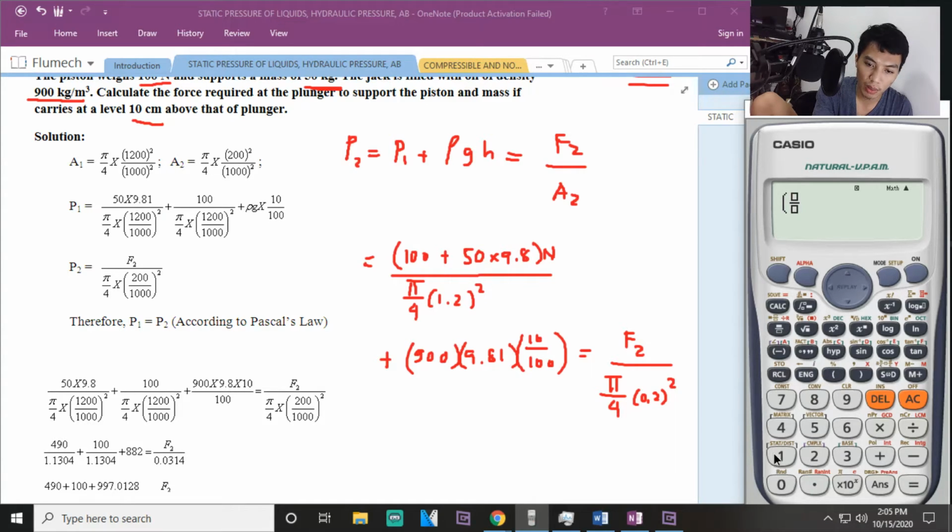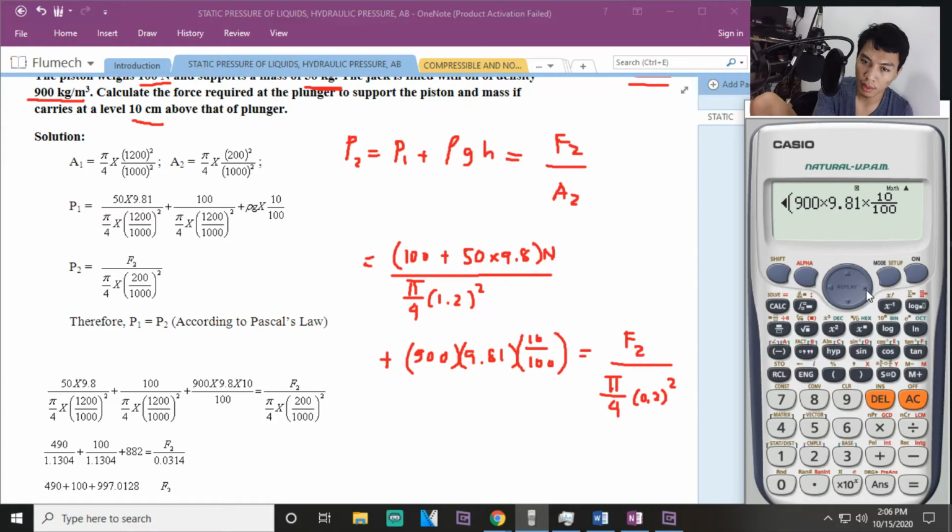So, that is 100 plus 50 times 9.81, divided by pi over 4 times 1.2 squared, plus 900 times 9.81 times 10 divided by 100.